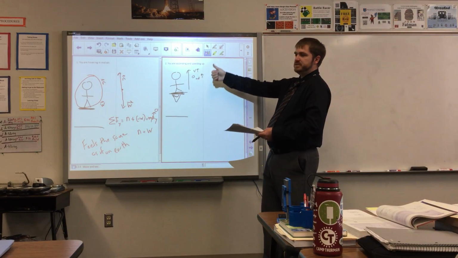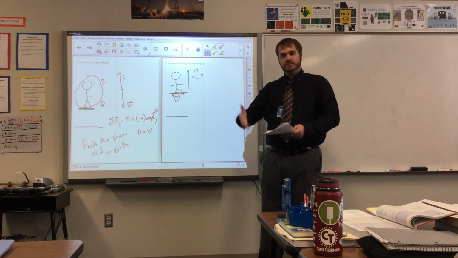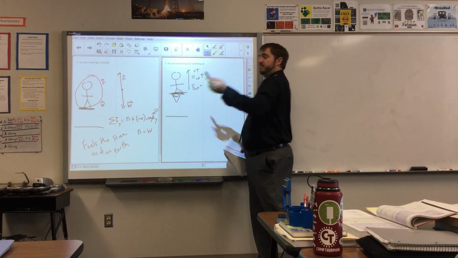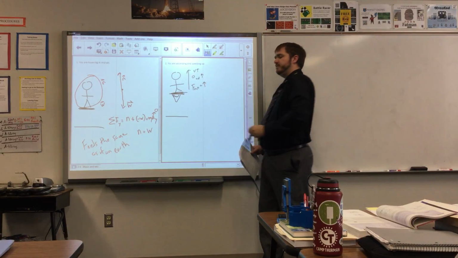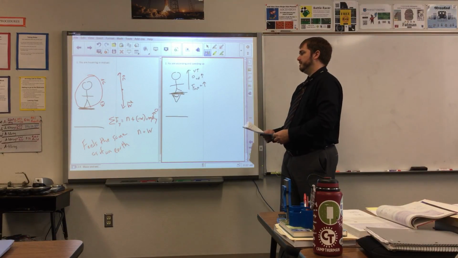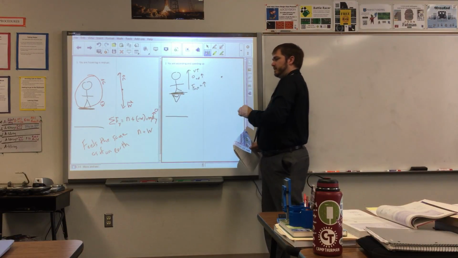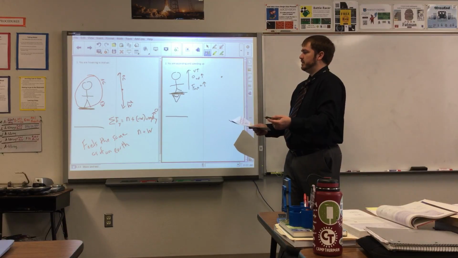Net acceleration is upward. And what does that tell us about the direction of the net force? Also upward, since the net force and the net acceleration have the same direction. So when we draw the free body diagram, there's still just weight and normal acting on you.